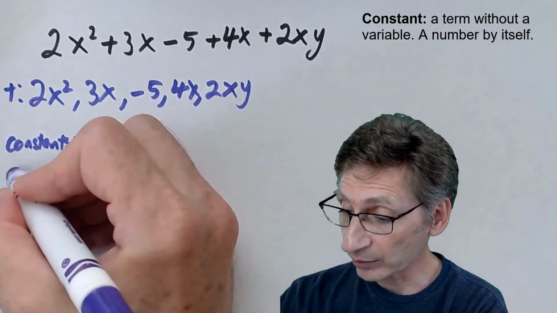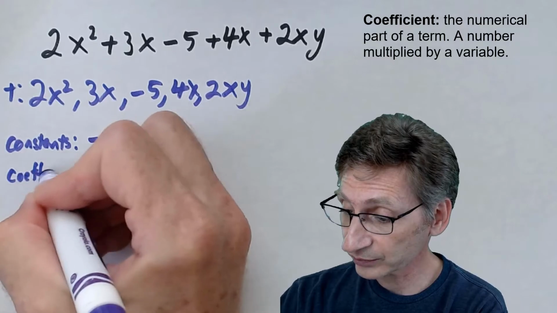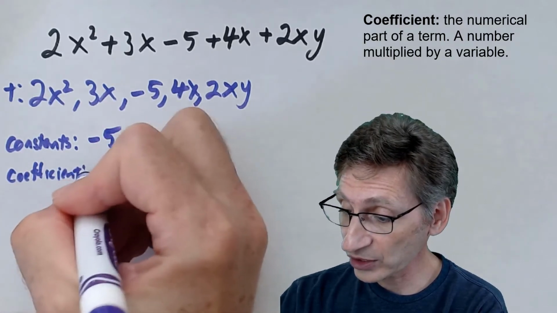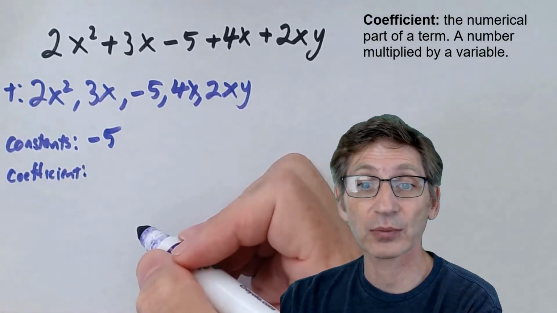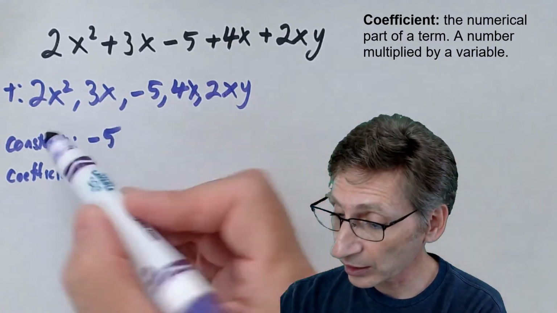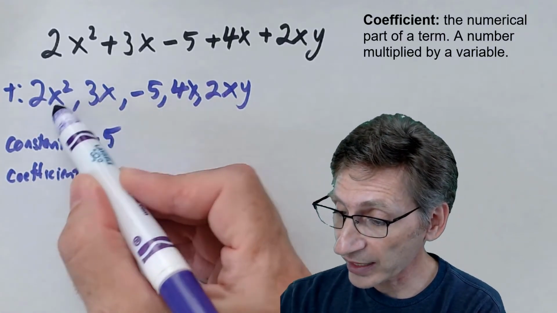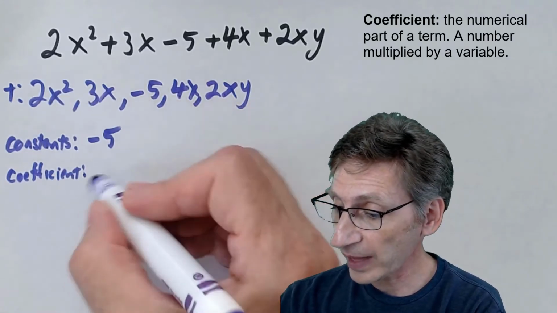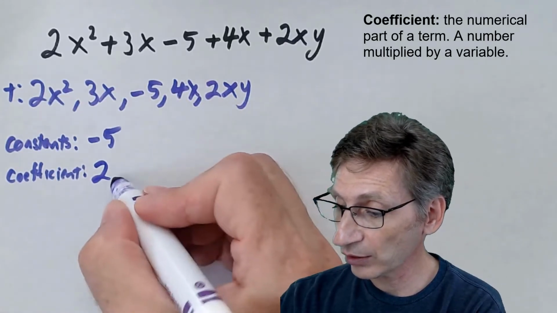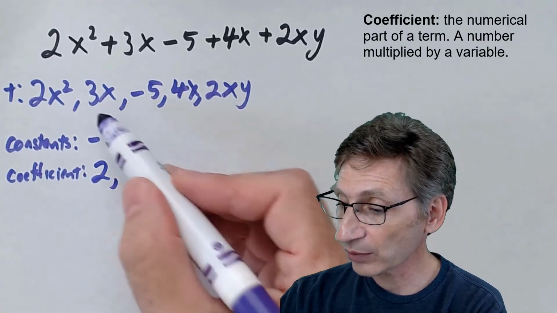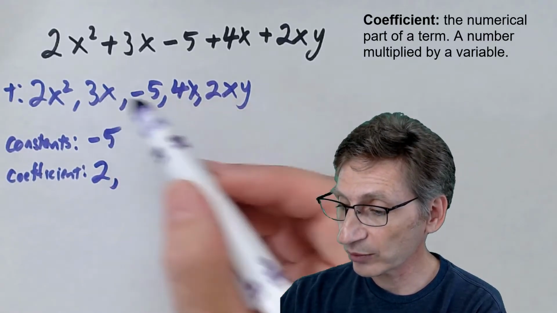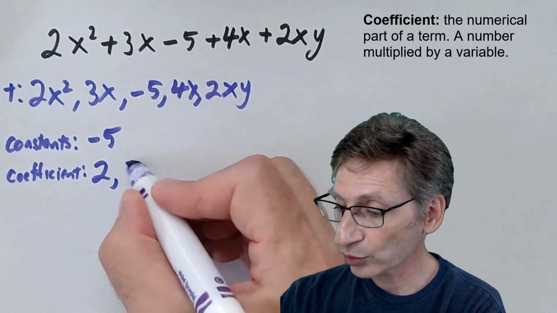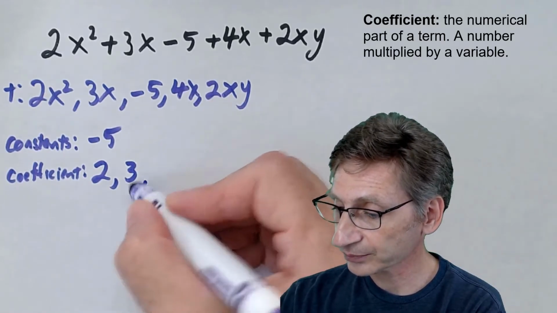Okay, now we move on to the coefficients. The coefficients are the numerical part of a term with a variable. Here, 2x squared, the x squared variable part is being multiplied by 2. That means 2 is the coefficient. In this term, 3x, x is being multiplied by 3. So 3 is the coefficient.